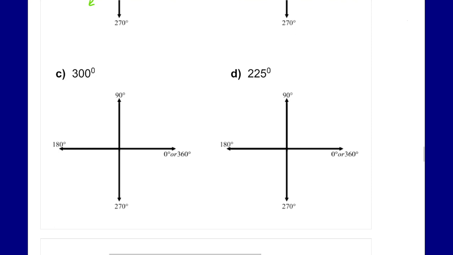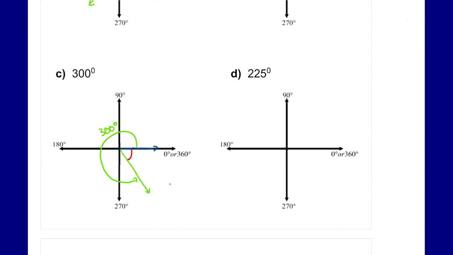300 degrees. Again, let me draw my initial arm. My terminal arm is going to be somewhere around here. Again, it's just a sketch, so it's not terrible if it's not completely accurate. I'm going to go around, so that's 300 degrees. The reference angle is going to be the closest x-axis, so this angle here.